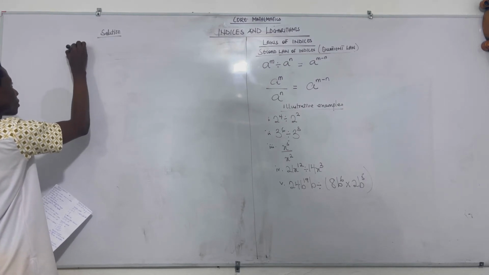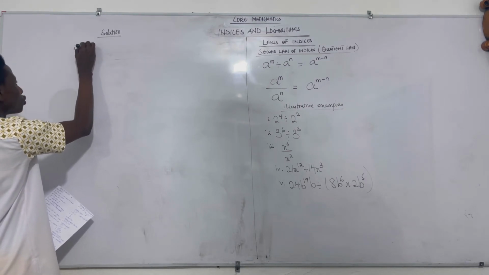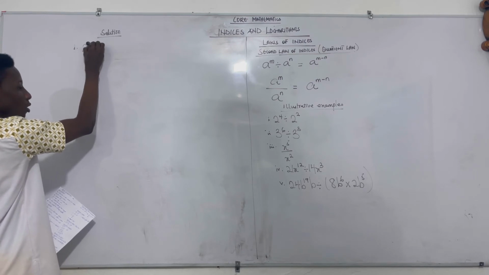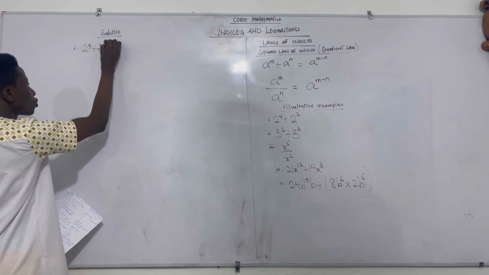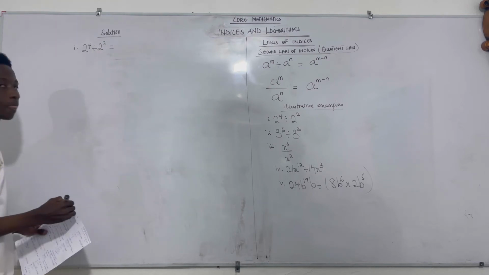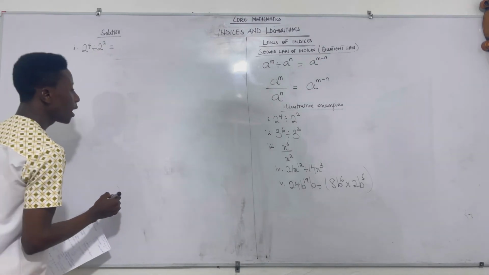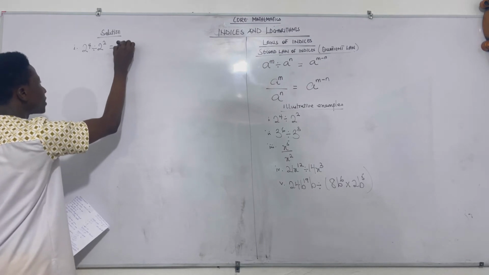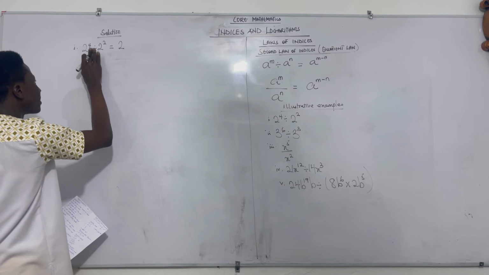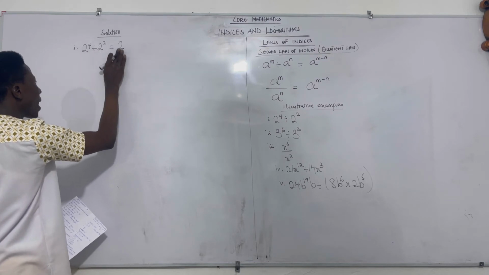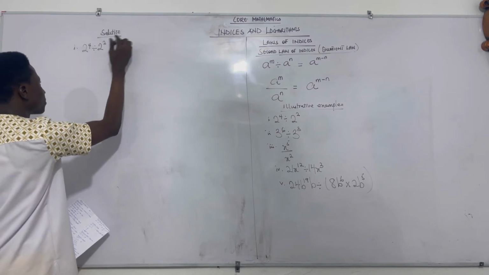So what's the question? We have 2 exponent 4 divided by 2 exponent 2. So what's the value? The bases are the same and they are dividing, all right? So you pick one, then you subtract, because they are divided.